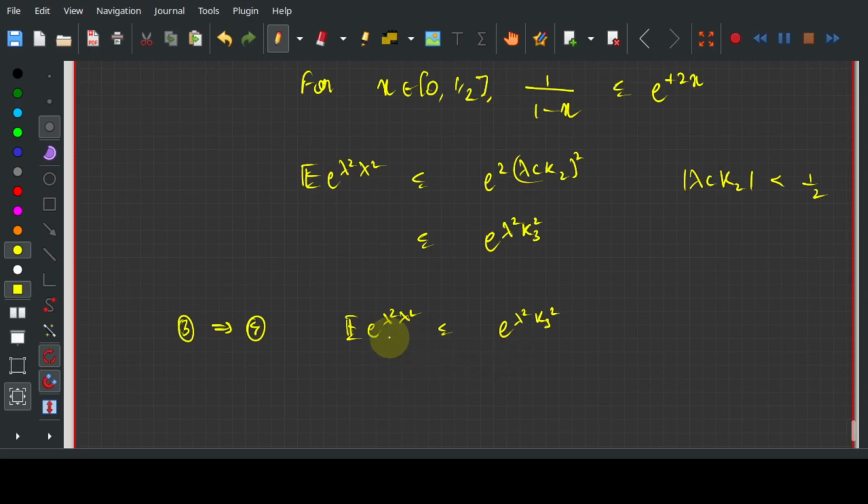For example, I could just take lambda to be equal to 1 over k3 square, or something slightly smaller than 1 over k3 square, because this has to be strictly less than some constant, right?